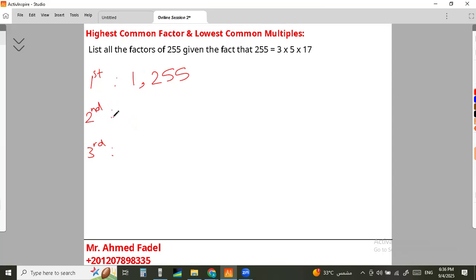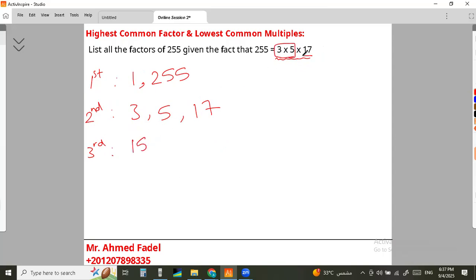All right, the second step: list the prime factors that they give you already. 3, 5, and 17. The third step, you write the product of the prime factors, but in pairs. What do you mean, mister? I mean, you take the 3 and the 5 together, 15.